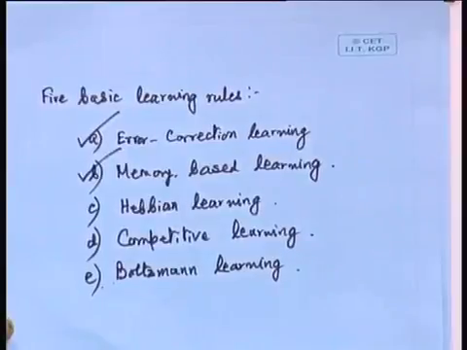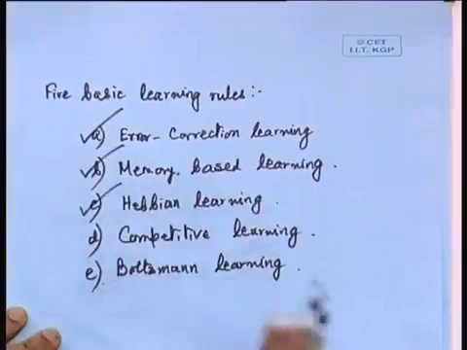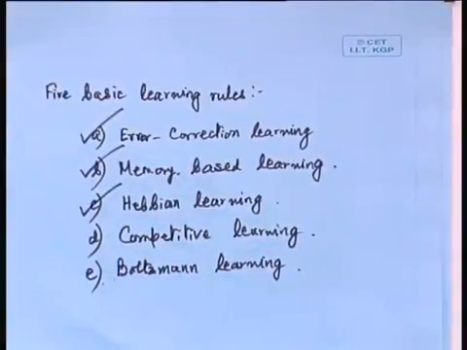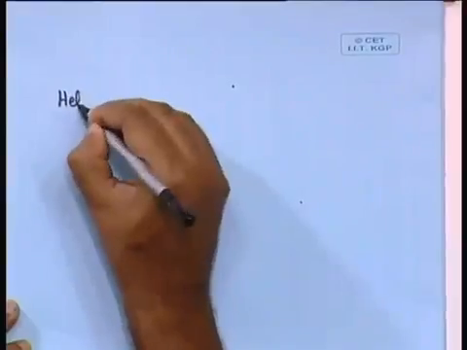And now we can come to the next learning mechanism, which is called the Hebbian learning. It is thought that Hebbian learning is the one that is closest to our biological neuron learning mechanism. In fact, all these theories basically originated from Hebb.